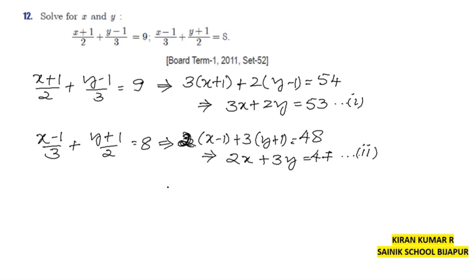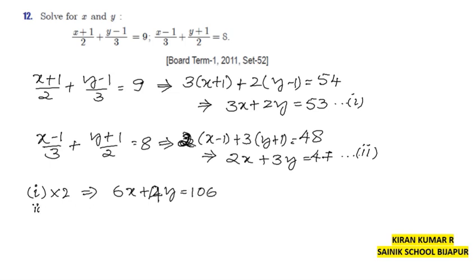Now I need to simplify equation 1 and 2. If you want to follow the method of elimination, I have to make the coefficient same. Let me multiply equation 1 with 2. We get it as 6x plus 4y equal to 106.